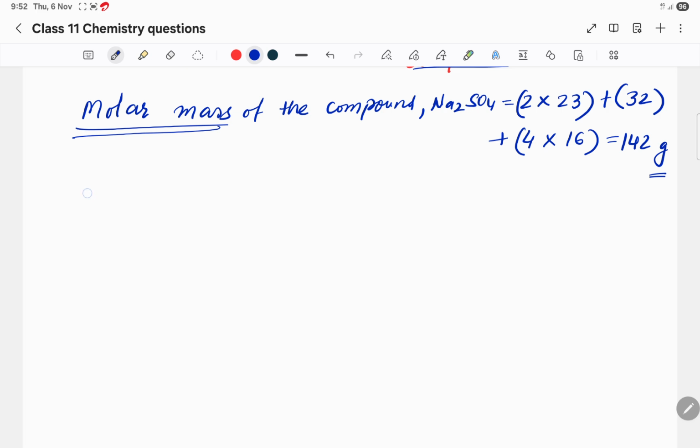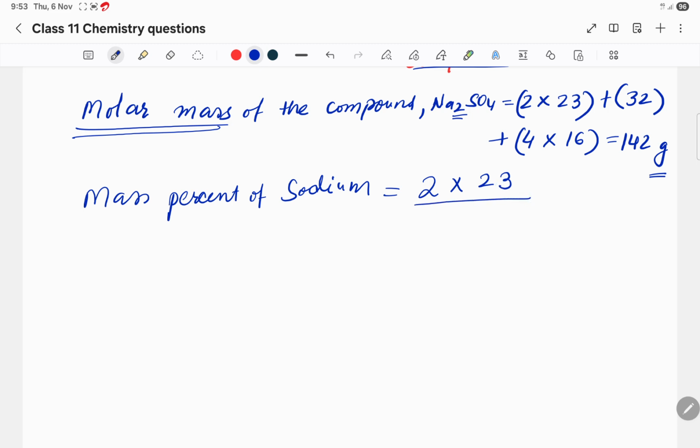First we take sodium. Mass percent of sodium. So there are 2 sodium atoms, okay. So 2 into, not molecular mass, sorry, atomic mass of the sodium, which is 23, divided by the mass of the compound, which is 142, and it is a percent, so obviously multiplied by 100.